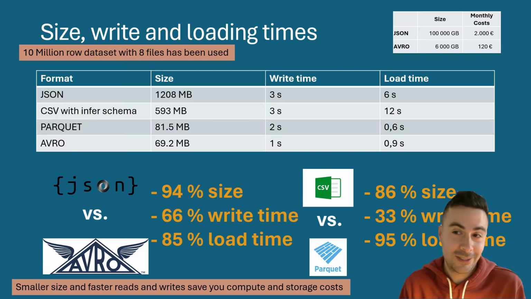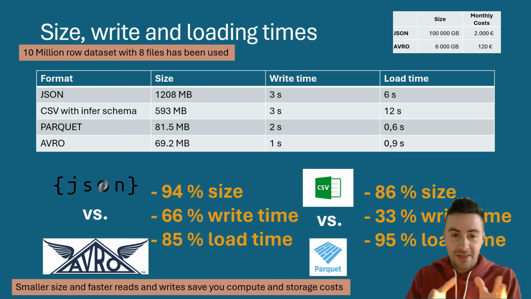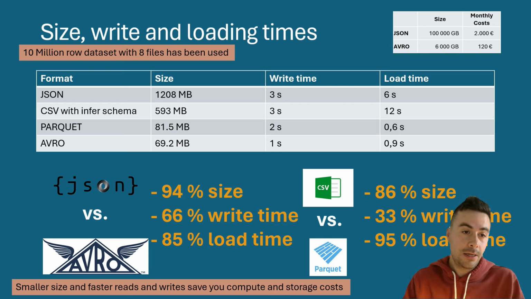Looking into the results, what did we do here? I just took a 10 million row data set with 6 columns, and each of them had 8 files. So basically we're loading 8 files in parallel, let's say, with Spark. In JSON, we can see the size is quite huge with 1208 megabytes.